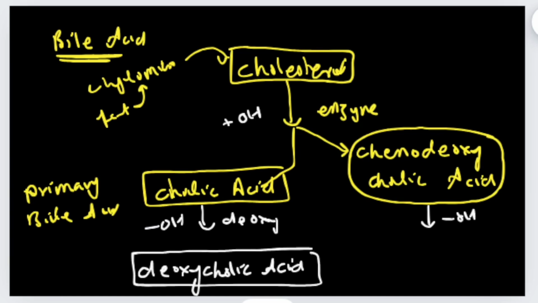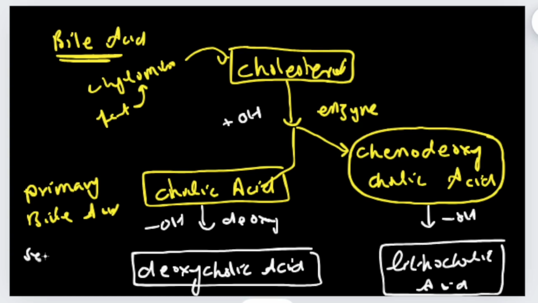One is converted to deoxycholic acid and the other into lithocholic acid, and these are the secondary bile acids. So you have to differentiate primary and secondary bile acids.